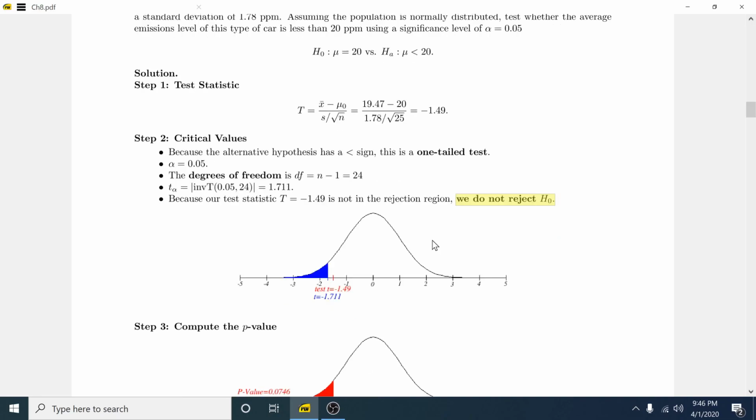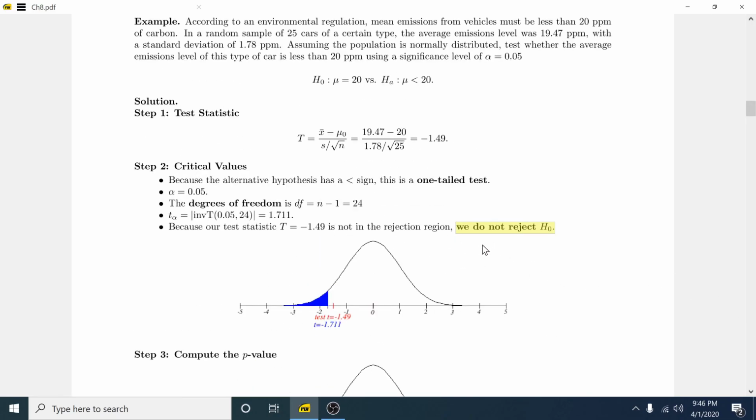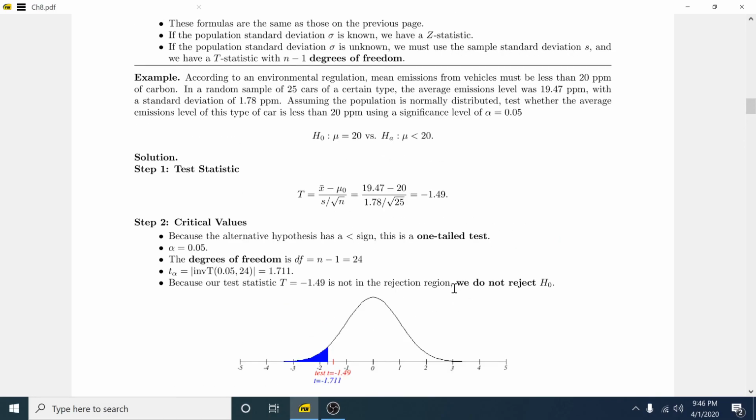And again, we can talk about our p-value in a second, but I do want to interpret the clinical meaning of what this would say on this problem. We're looking at an environmental regulation. Put yourself in the position of someone that's manufacturing these cars. You want your cars to be able to go to market. But according to this environmental regulation, the average emissions from the vehicles must be less than 20 parts per million.